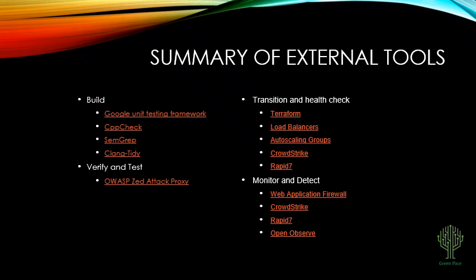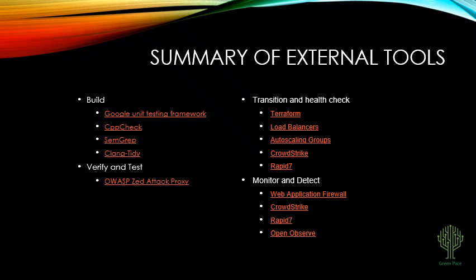In the transition and health check phases, the operations team will use Terraform for automated deployments. They will make use of load balancers and autoscaling group to provide high availability, and they will also install and configure CrowdStrike and Rapid7 for continuous system monitoring.